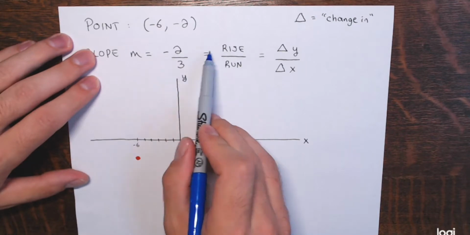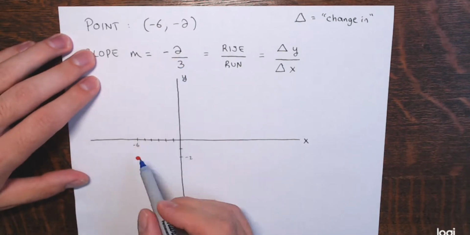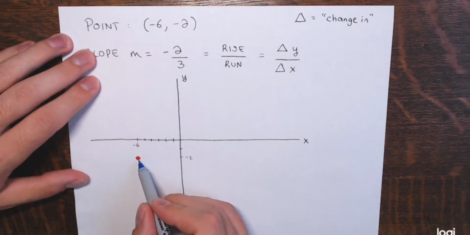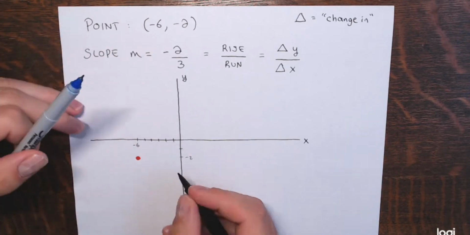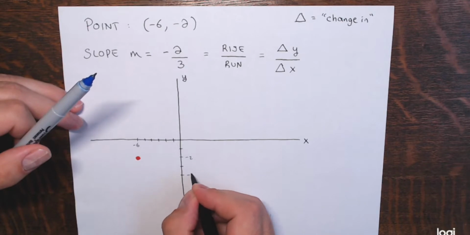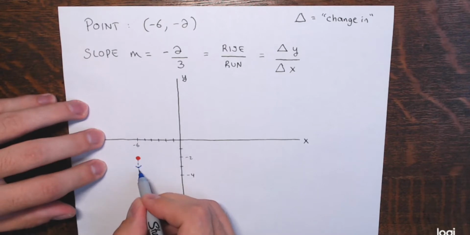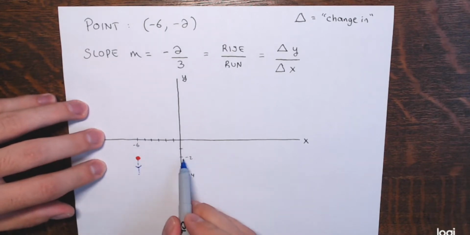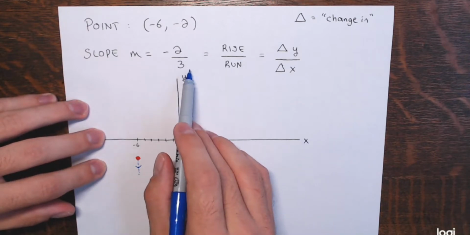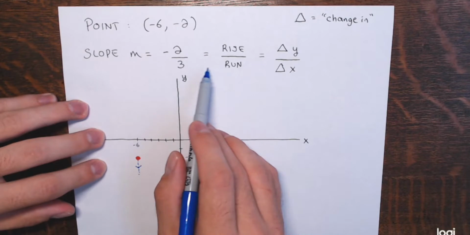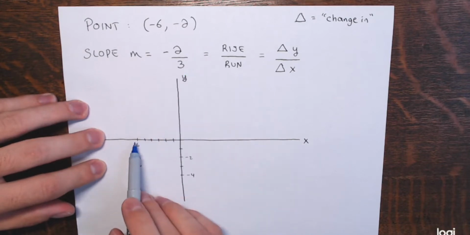So a rise of -2 simply means from any point on the line, we can go down 2 units. So if I go down 2 units, let's put a little arrow here, I'll be going from a y coordinate of -2 down to a y coordinate of -4. That's down 2 units. And then a run, a change in x of +3, means go to the right 3.